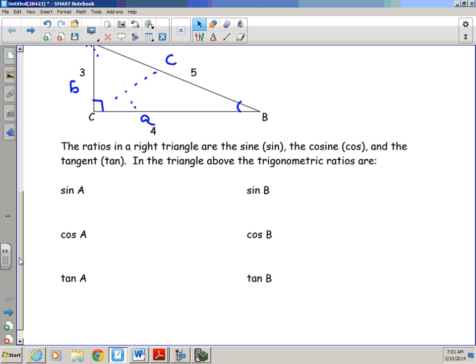What the Egyptians and Greeks figured out was that if you took a right triangle and figured out the measure of the sides, no matter how big or how small you made the right triangle, the sides would still be in the same proportion as long as the angle measures were the same.